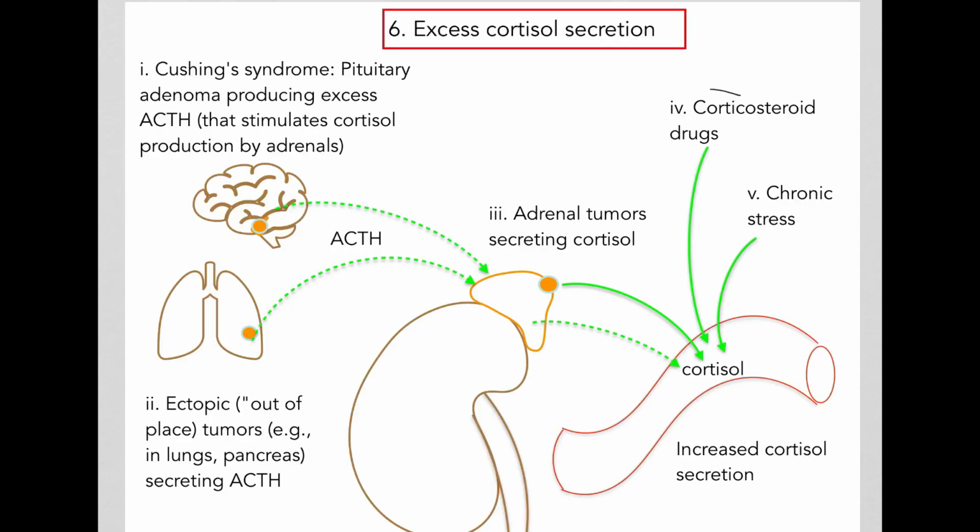And then we have corticosteroid drugs that are used quite often for controlling inflammation. These drugs are basically cortisol, and if in high doses, these cortisol levels can increase and cause hyperglycemia. And cortisol is released during chronic stress. So under chronic stress, the high amounts of cortisol can lead to hyperglycemia.